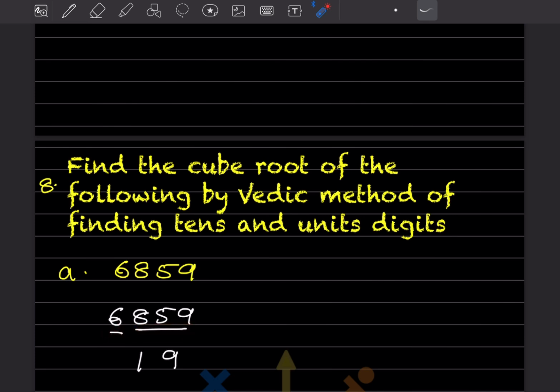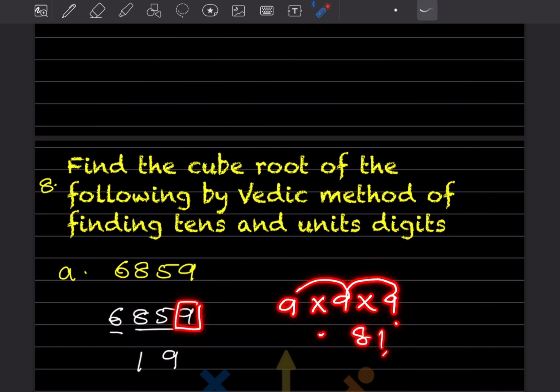In the last 3 digits, we concentrate on the unit digit. If we take 9 into 9 into 9, 9 nines are 81, 81 nines are 729. So you can see the unit digit is going to be 9. So you are going to write 9 over here.